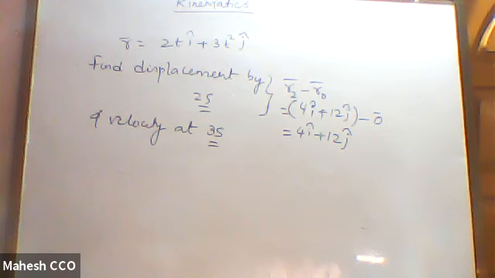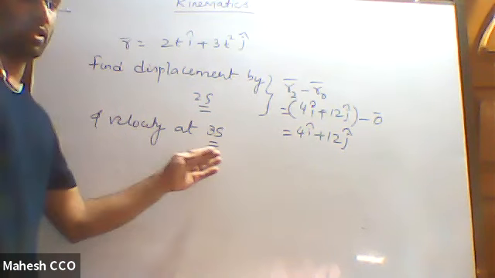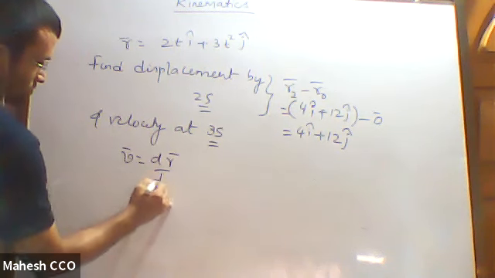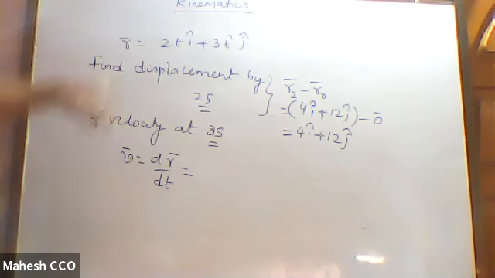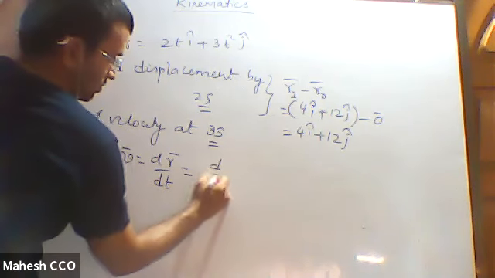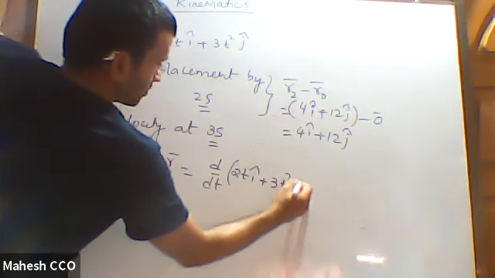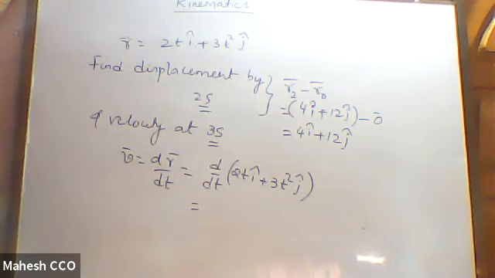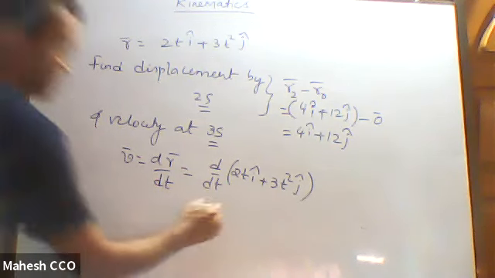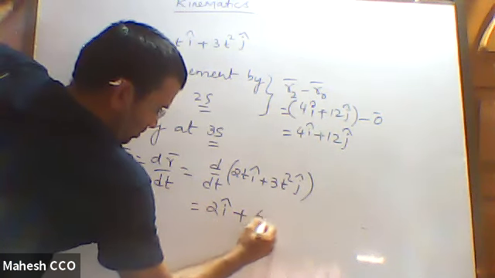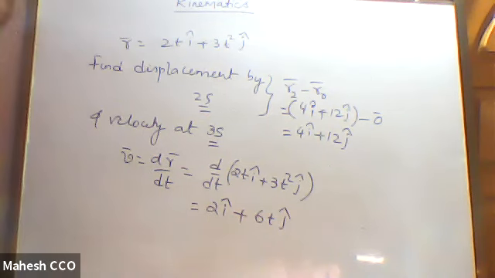Now if we want the velocity at 3 seconds, what you have to do is differentiate dr bar by dt. d by dt of 2t is 2, so 2 i cap. d by dt of 3t square will be 3 into 2 into t, which is 6t j cap.